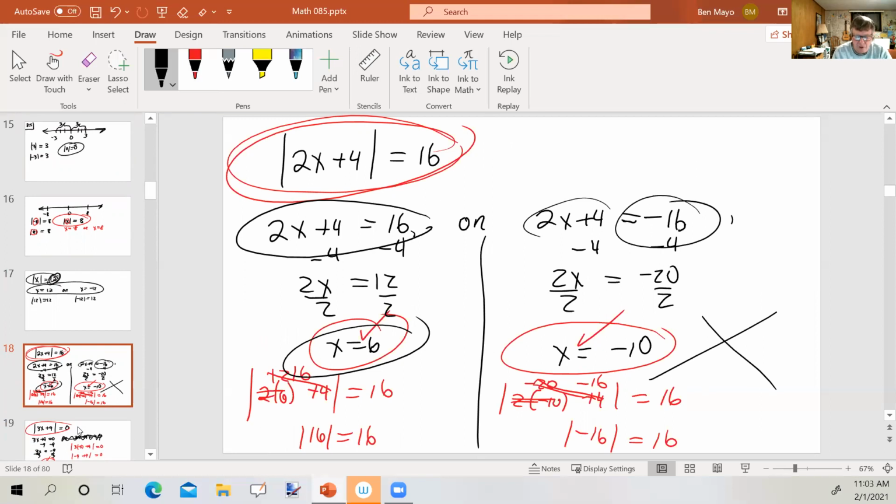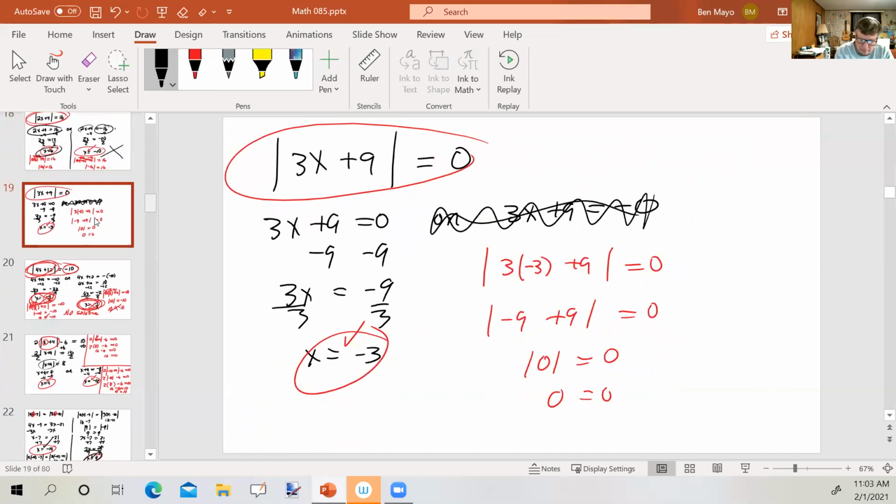Solve both equations, check your work. If you have an absolute value equal to 0, you only get one unique equation because the opposite of 0 is still 0. So set it equal to 0, solve it, check your work.